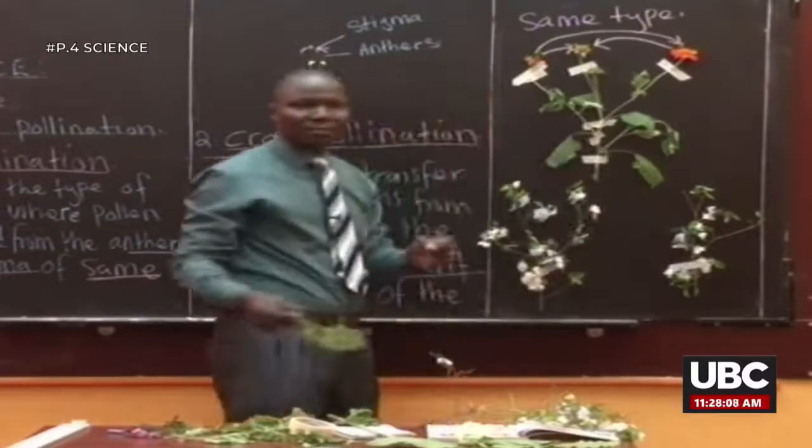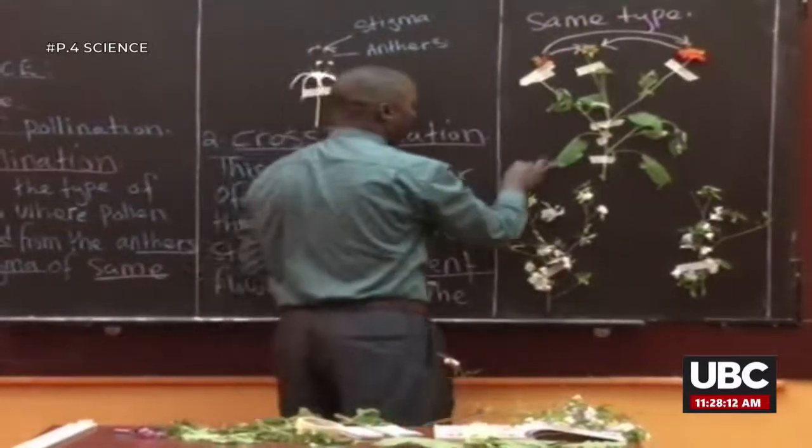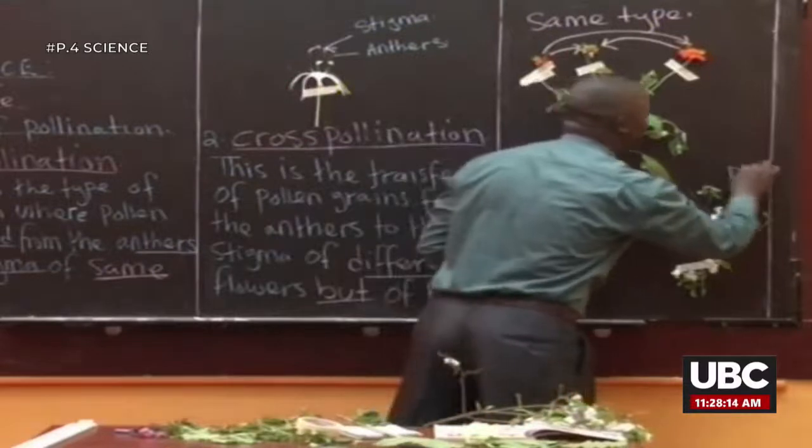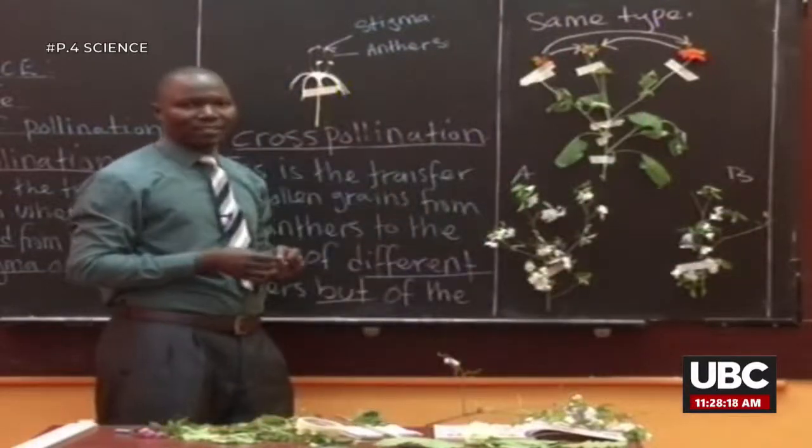Pollen is moving. These are different flowers. I could have flower A and I could have flower B. They are growing in different places.